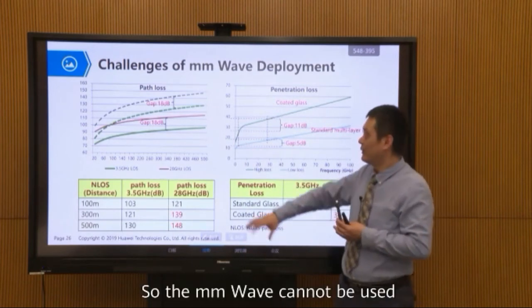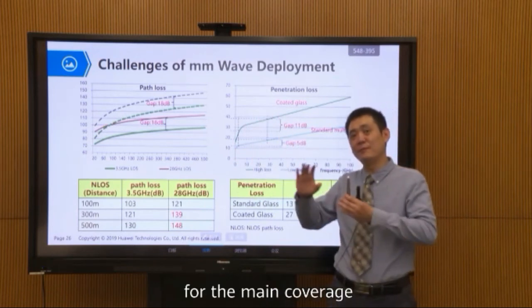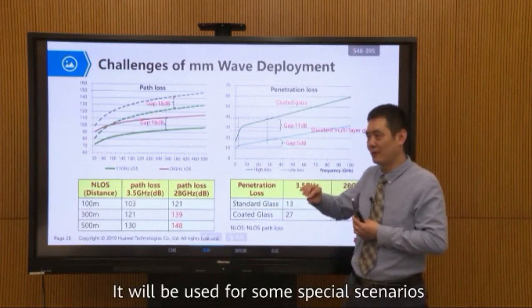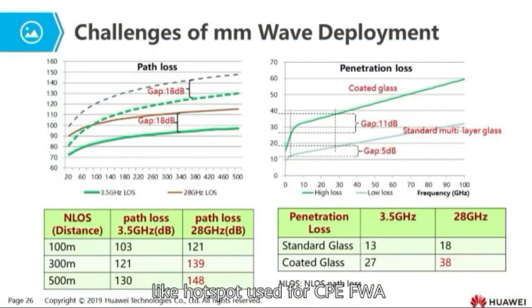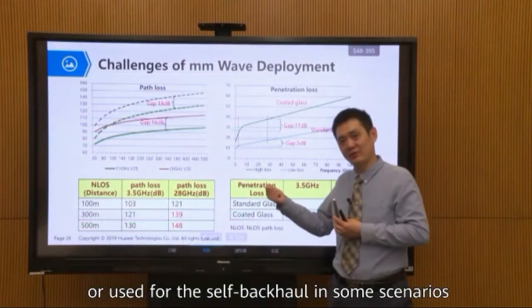So the MM wave cannot be used for the main coverage. It will be used for some special scenarios like hotspot, used for CPE, FWA, or used for the self backhaul in some of these scenarios.